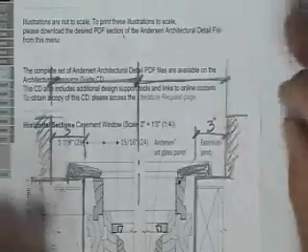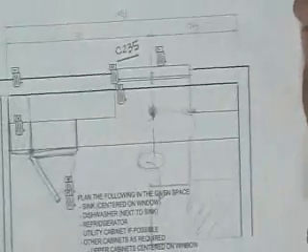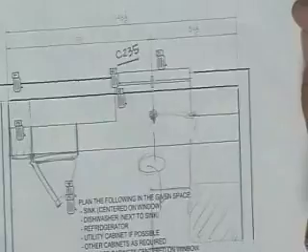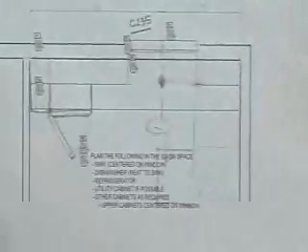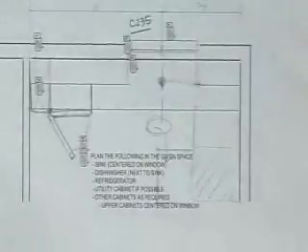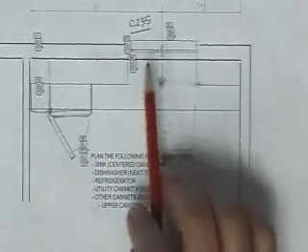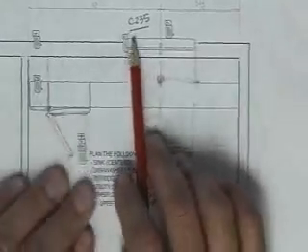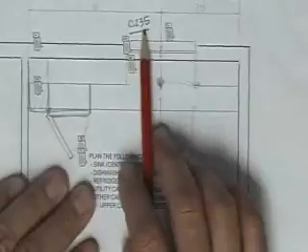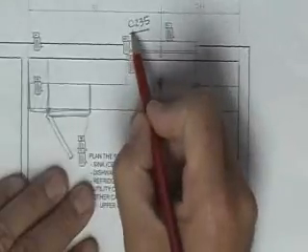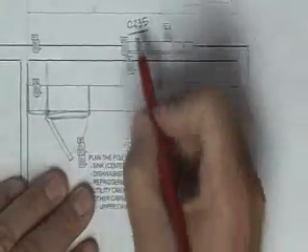Another note that I have on the floor plan is regarding, well, I guess just the window itself. It is a C235. That again is the Anderson designation.